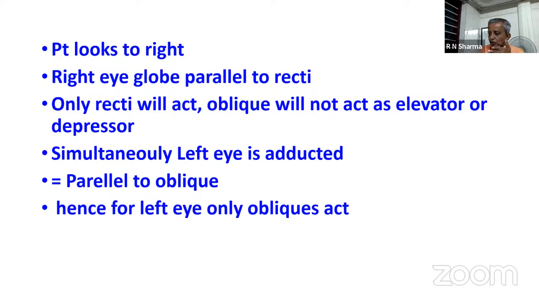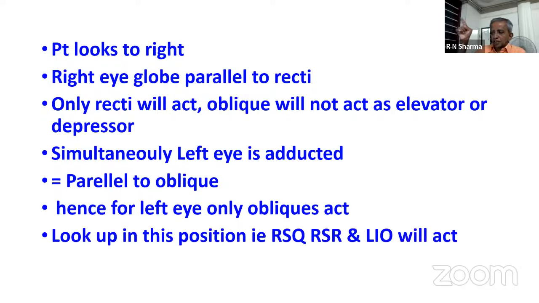Therefore, the function of the oblique will be elevation and depression. So when you are looking at the right superior quadrant, elevation has been done by the inferior oblique. So the muscles are right superior rectus and left inferior oblique.